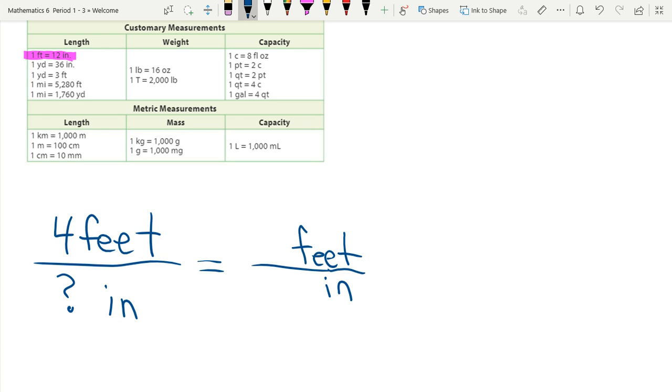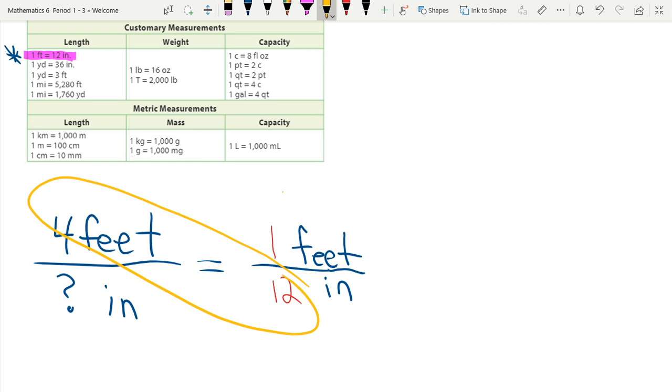Let me get rid of these purple marks. Now I go back up to my conversion factor, which is right here. I see that it says 1 foot, and I'm going to plug that in. 1 foot equals 12 inches. So I simply plug in those numbers. And here's where the cross multiplying happens. I draw my butterflies.